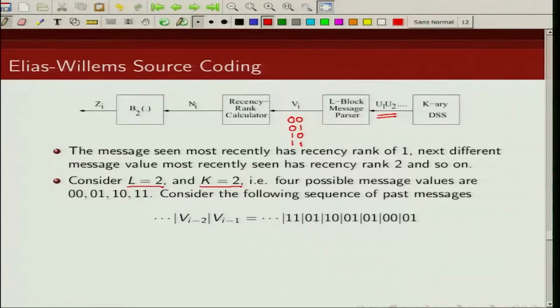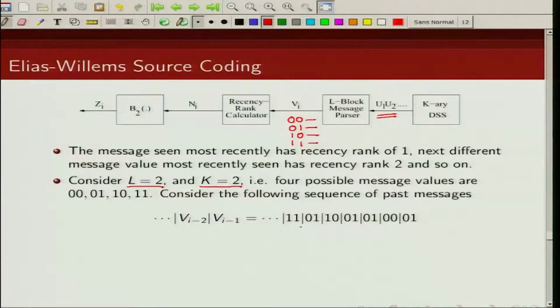Now what this recency rank calculator will do is look at the occurrence of these among the past sequence, and whichever sequence occurs most recently will be given a recency rank of 1, then the next one will be given recency rank of 2, the third one recency rank of 3, and similarly the last one will be given recency rank of 4.